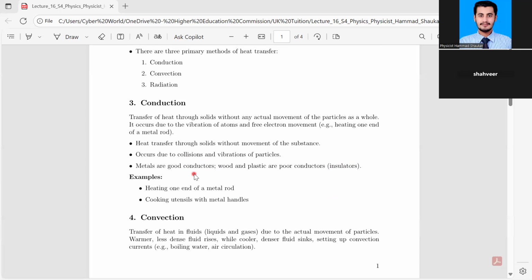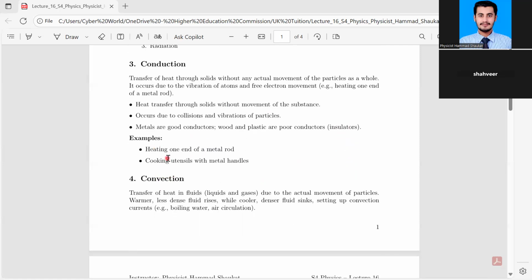If a body has free electrons, that body is called a conductor. This is the difference between a conductor and an insulator. Because conductors have free electrons, they conduct electricity as well as heat, while insulators do not have free electrons, so they will not conduct heat or electricity.